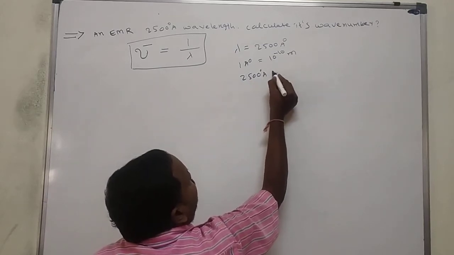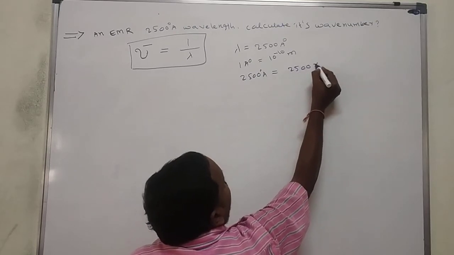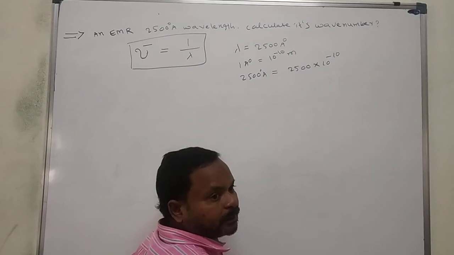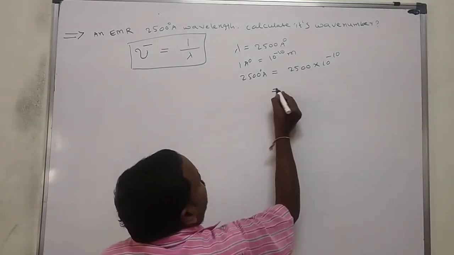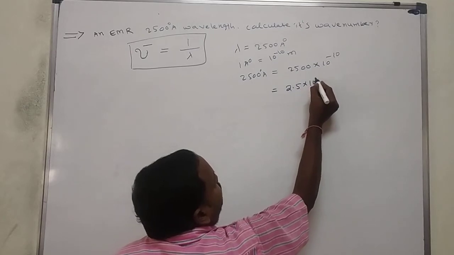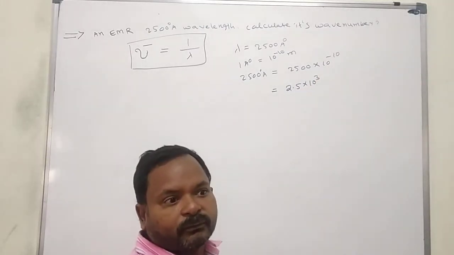2500 angstroms is equal to 2500 into 10 to the power of minus 10. 2500 may be written as 2.5 into 10 to the power of 3. We can't write 25 into 10 to the power of 2. Why?